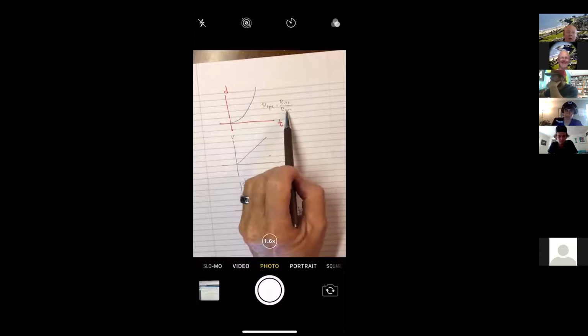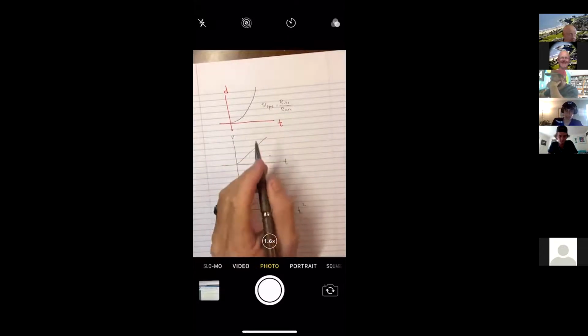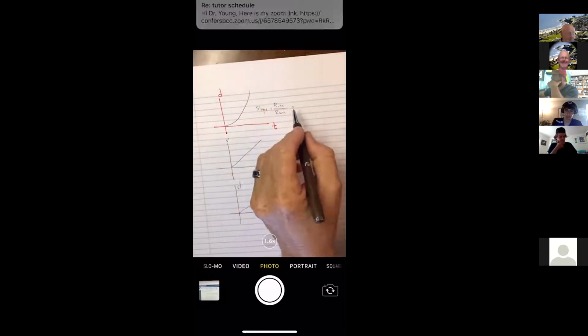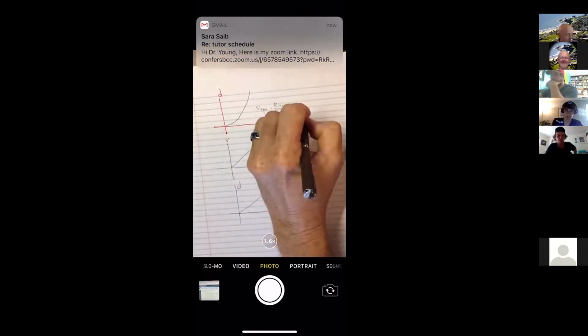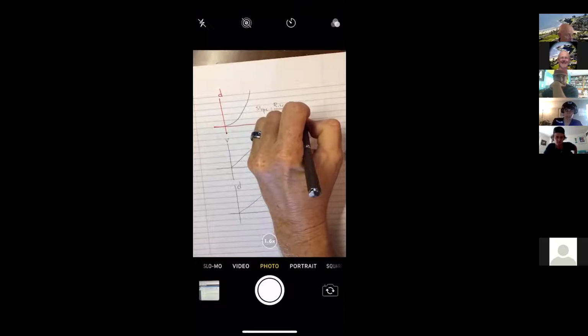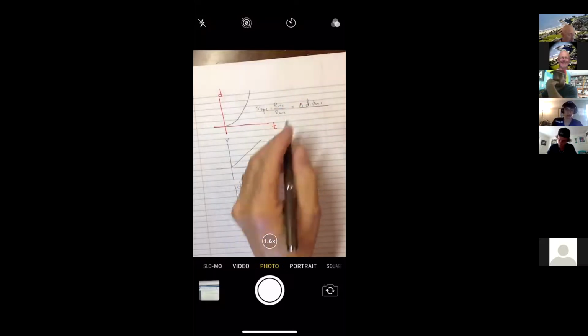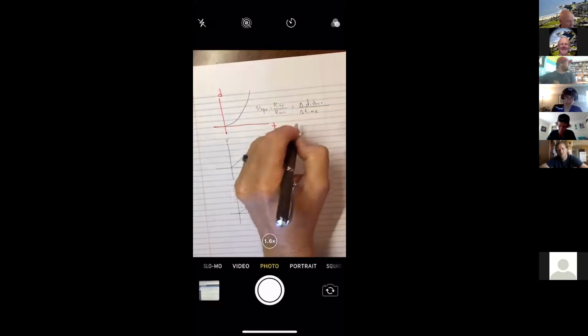And the run is what you are plotting on the horizontal axis. So this would be the change in distance over the change in time.